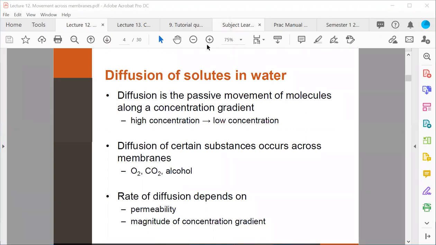But one of the important things to note here is that diffusion is a passive process. That is, you don't need to put any energy into the system in order for diffusion to occur. And a great way to think about this is to imagine a container of water.